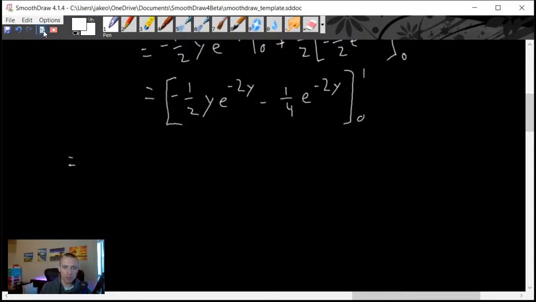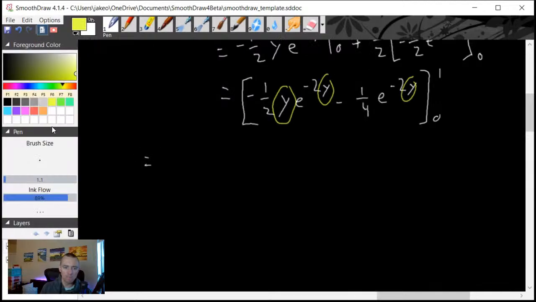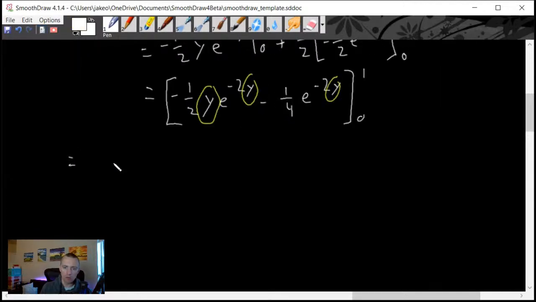So just go into our equation here, and wherever we see our variable, which is y, we're going to replace it with our upper bound. So negative 1/2 times 1 e to the negative 2 times 1 minus 1/4 e to the negative 2 times 1. Okay, so that's what we get just from plugging in our upper bound.